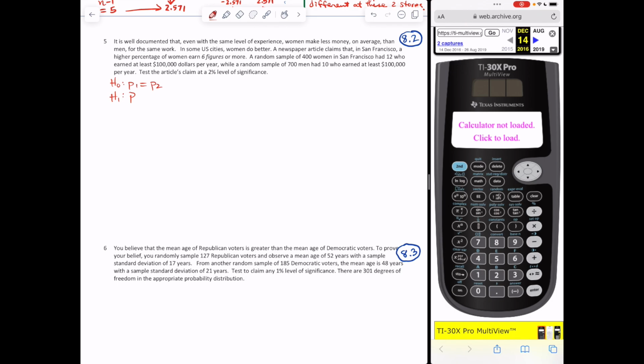So it says that a higher percentage of women, the proportion is higher for women that earn 6 figures or more than the proportion for men. Okay. I think probably be worthwhile doing our data. So let's separate the women and the men.